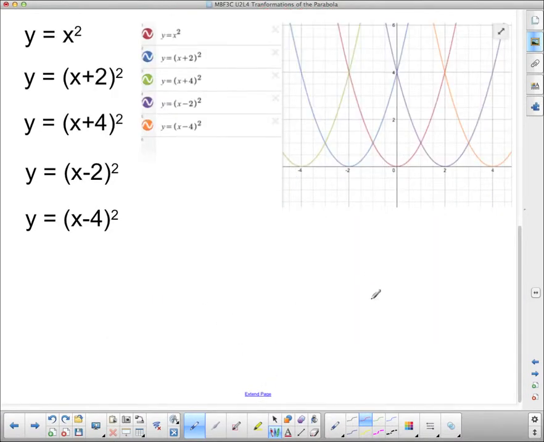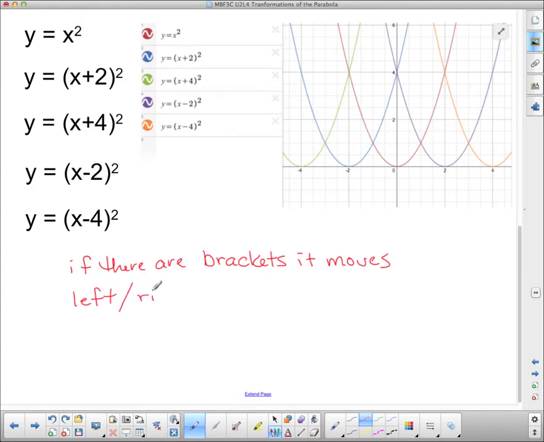Down here, we're going to say that when I tack something into the brackets, if there are brackets, it moves left and right.